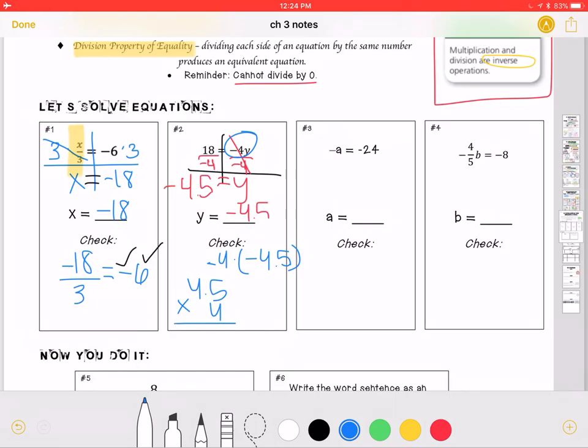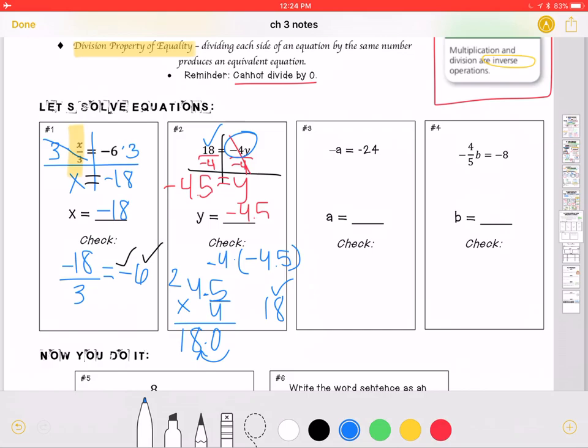Remember, when we multiply decimals, you don't have to line them up in any way. Just multiply, and then you're going to have to bring back in your decimal. So I have one number to the right, so I'm going to move it in one. So my answer is 18. Negative times a negative gives me a positive 18. That's what I wanted, so I know I'm correct.